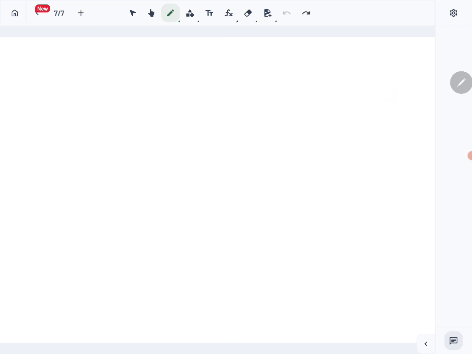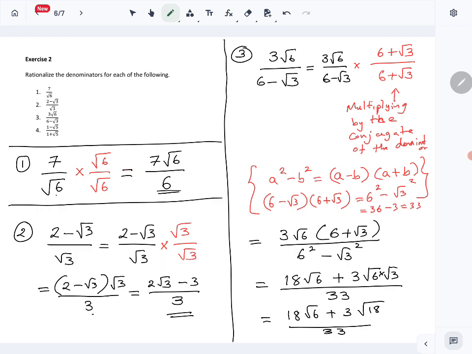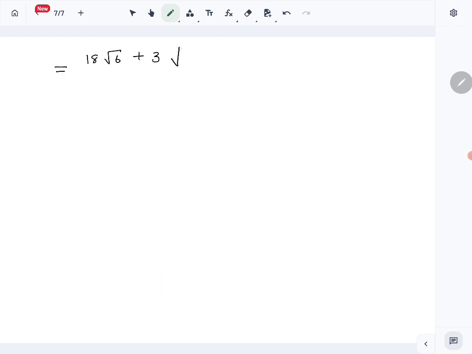So now we can simplify it further. 18 square root 6. 3 square root 18. Square root 18 you can simplify now. That can be written as what? 9 times 2, divided by 33. 18 square root 6.